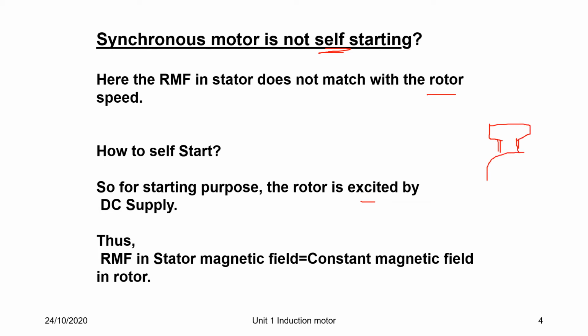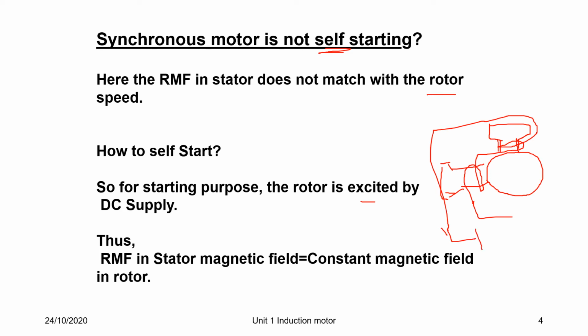So this is the rotor, and here we have the magnetic supply. We have to excite this rotor by means of a constant DC supply.